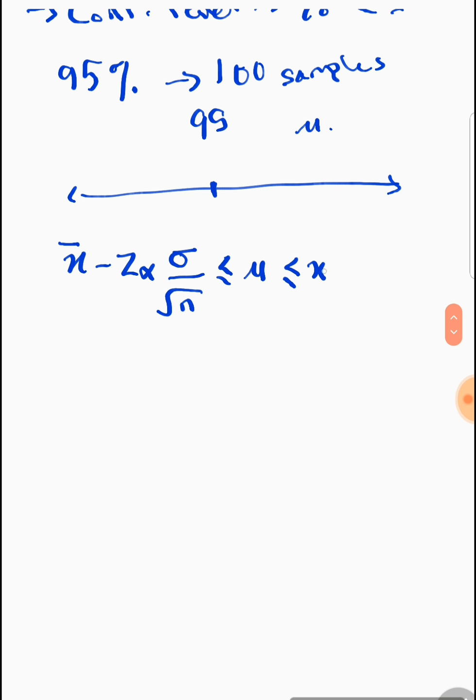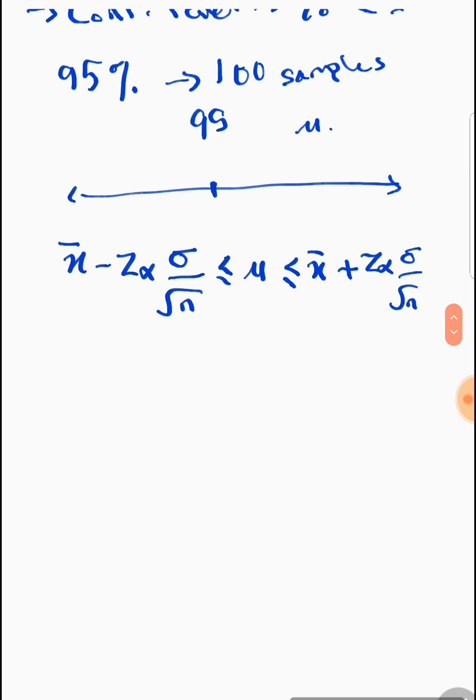So I'm just writing this down. And as long as you can remember the first term, you can remember the second term. It's basically a minus and a plus. This is your Z alpha of sigma over square root of n. All right. So this is the general confidence interval formula for population mean.